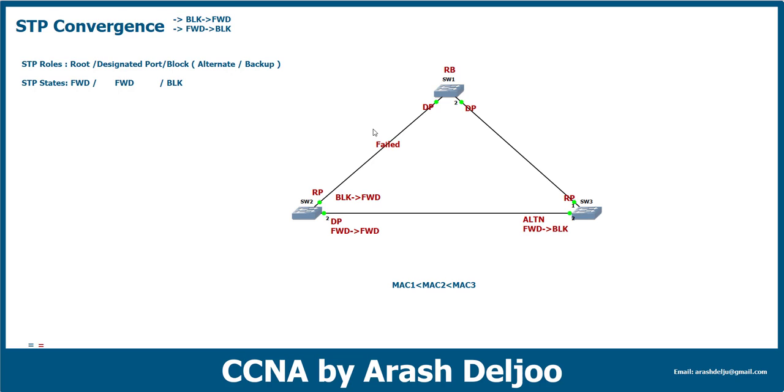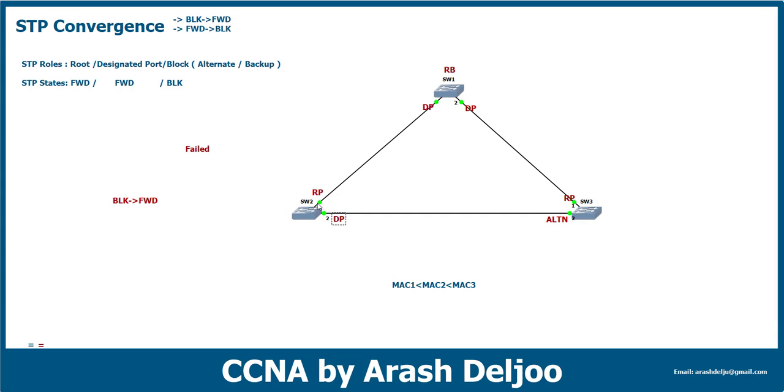Maybe you ask me why STP convergence is important for us. Let me talk about this first. Look, here we have this scenario, and now we are working in steady state. This means that everything is okay. All of the links are connected, and we have the root bridge as switch 1.